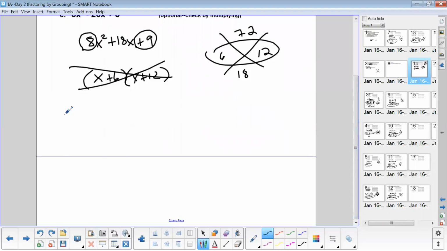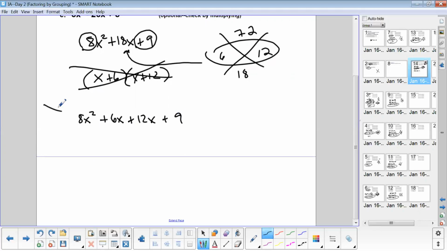So what I'm going to do is go back to my trinomial, and these two terms are going to take the place of 18x. So I'm going to get 8x squared. I'm going to write the first term. I'm not going to write 18x. I'm going to write 6x plus 12x plus 9.